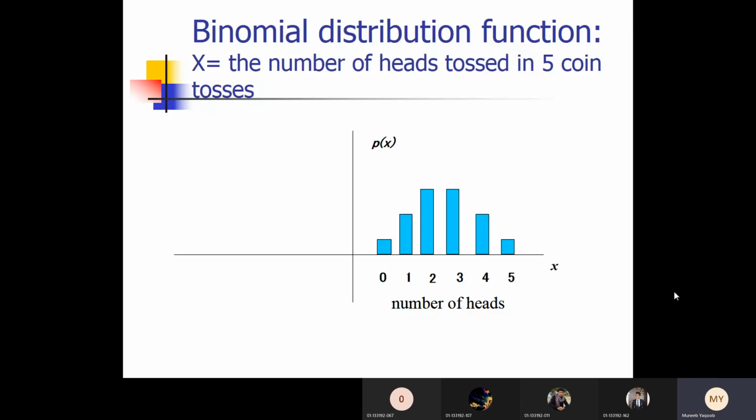So if we draw this probability distribution diagram, we can compare it with the bell-shaped curve of normal distribution, and we can see that it is quite similar to the bell-shaped curve of normal distribution.